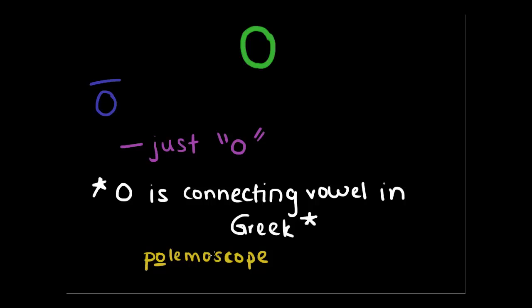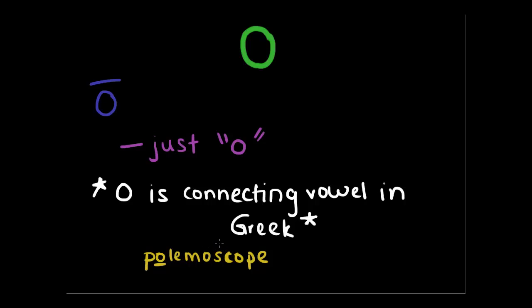This is a schwa sound, but basically here you have two Greek parts. Polemos means war, scope means to see. And basically this is like a device, I think, where it can be used to spy, and it comes from the roots polemo meaning war and scope meaning to see. So you have this root polem and you have this root scope, and when you put it together you have polemoscope, and you have that schwa sound in the middle.